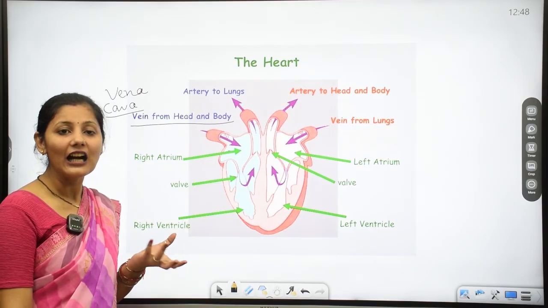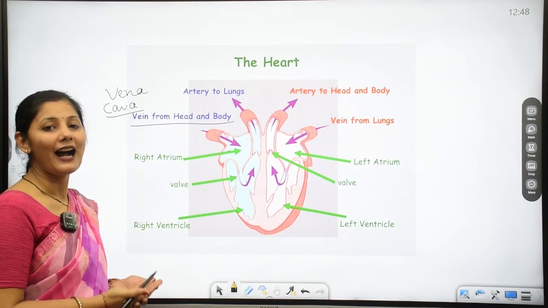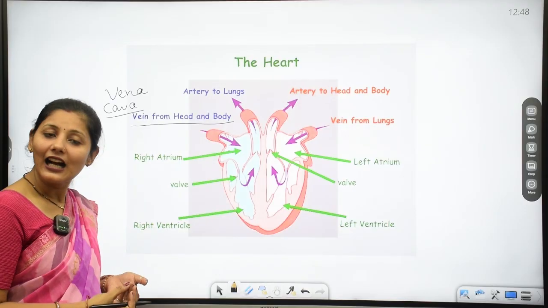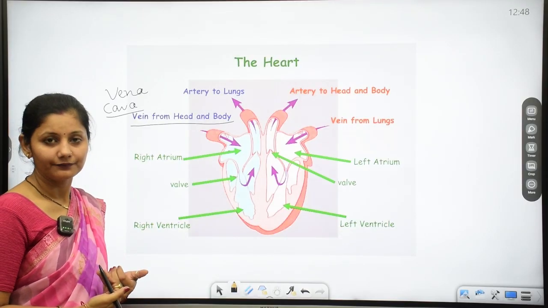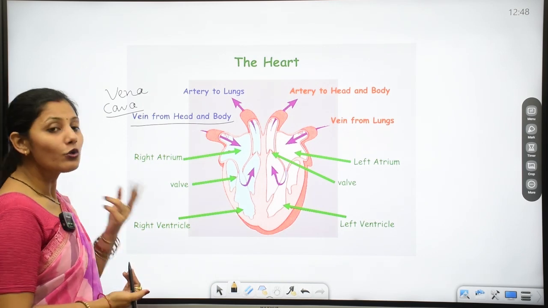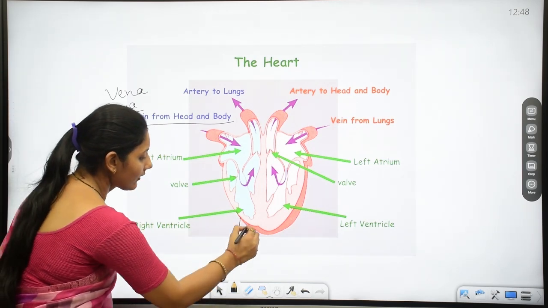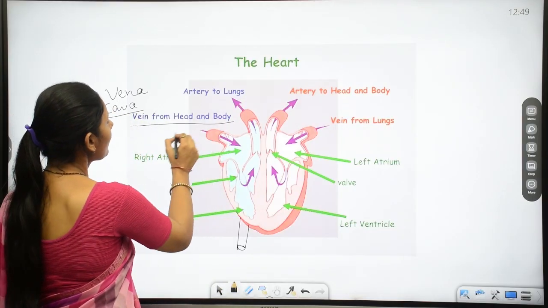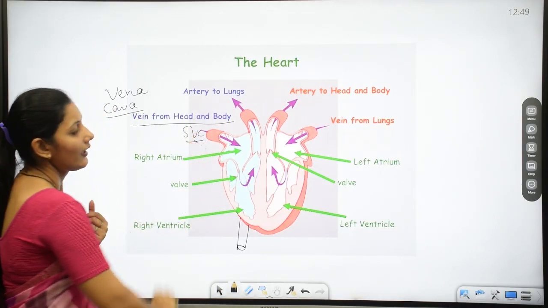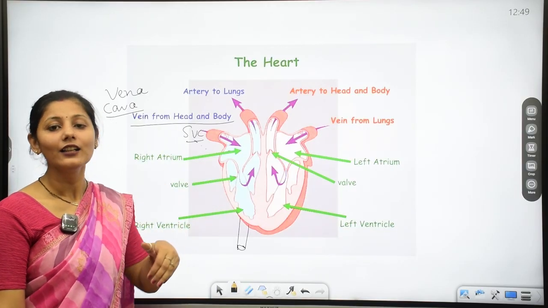The superior vena cava is responsible for carrying the blood from the upper body part and the inferior vena cava is responsible for carrying the blood from the lower body part. So we have two vena cavas. Here is the inferior vena cava and this one is the superior vena cava, which carry the blood from the body part inside the heart.